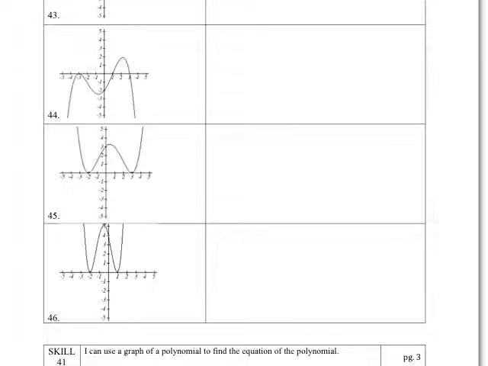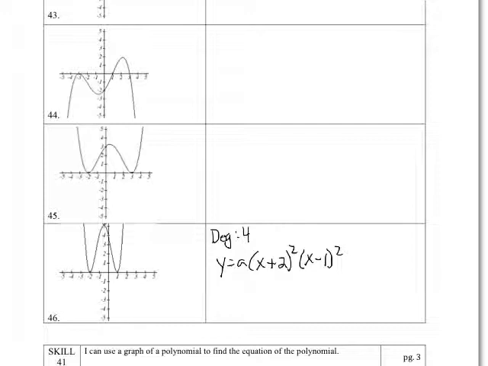46 looks like we have multiplicity of 2 twice. So we're going to get a factor squared twice. In fact, let's do this. This one we have a degree of 4, and we have the equation y is equal to a times x minus negative 2 squared times x minus 1 squared.